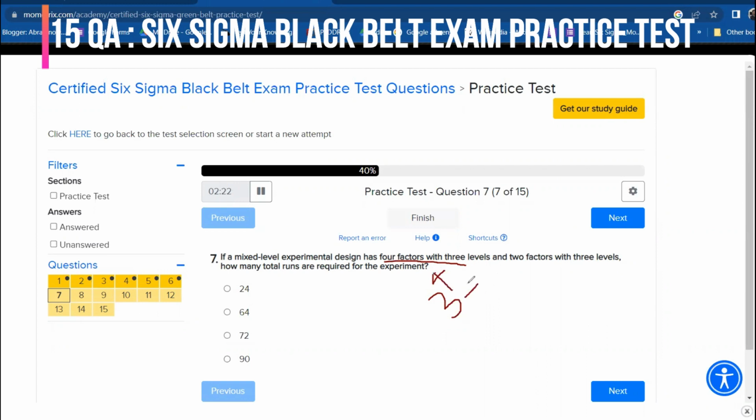And I'm using plus 2 factors with 3 levels, so 3 levels, 2 factors. So 3 to the power of 4 is 81, plus 3 squared is 9. So 90 runs should be done to conduct the design of experiment, or total number of runs.